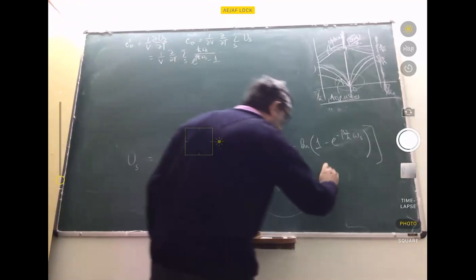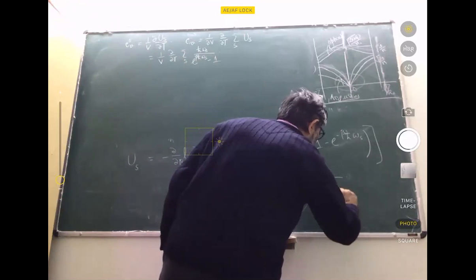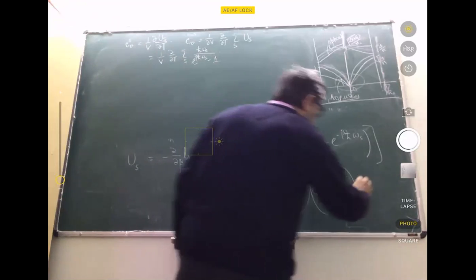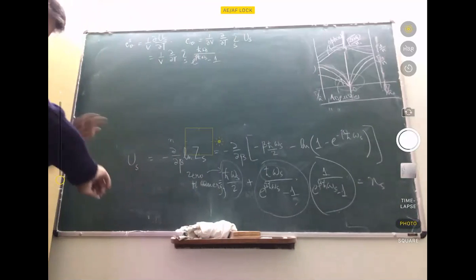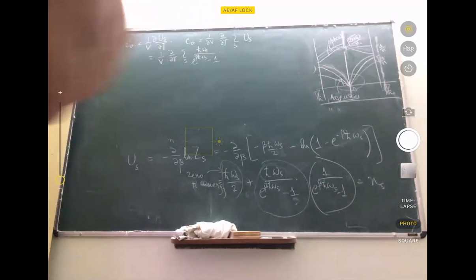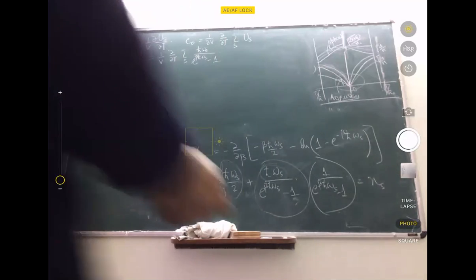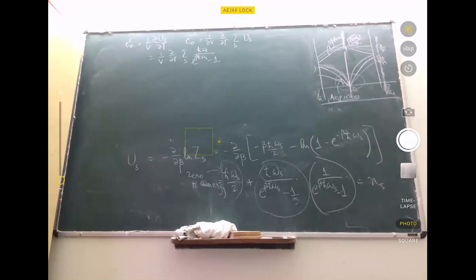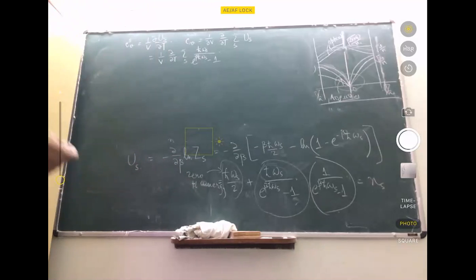So this factor 1 over e to the beta h cross omega s minus 1 is sort of the average occupancy, or it is the number of quantum vibrations in that mode with frequency omega s. Now, what we are doing is quantizing the vibrations of the atoms here.